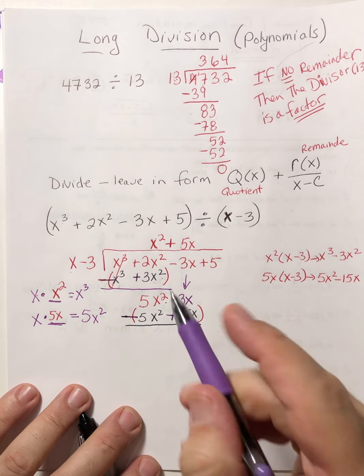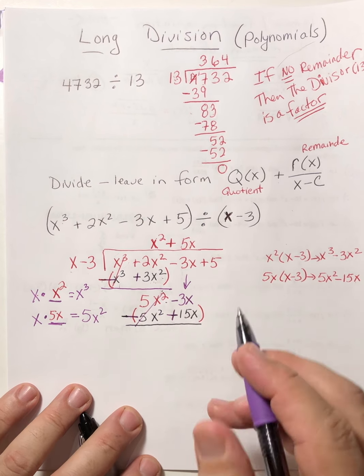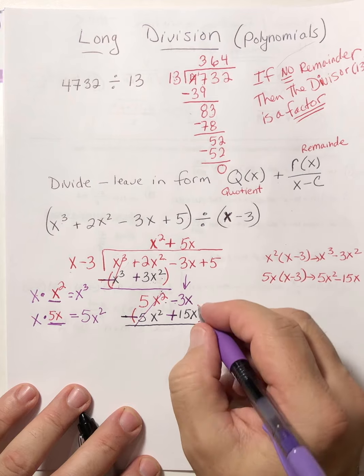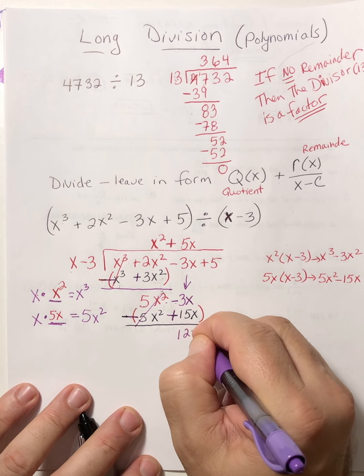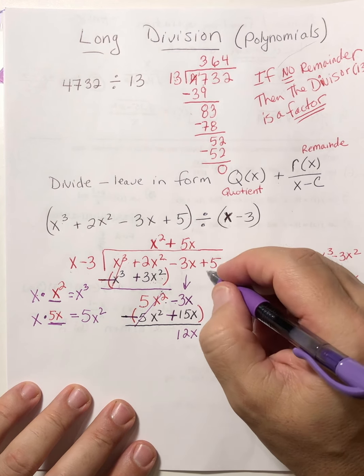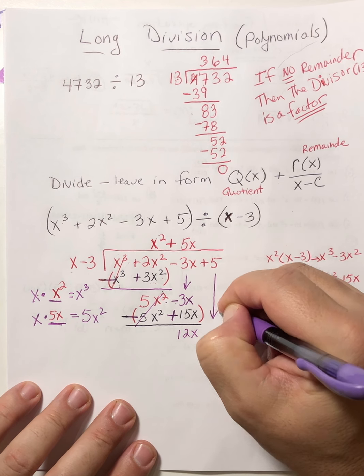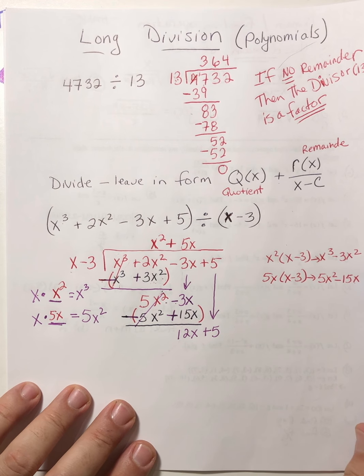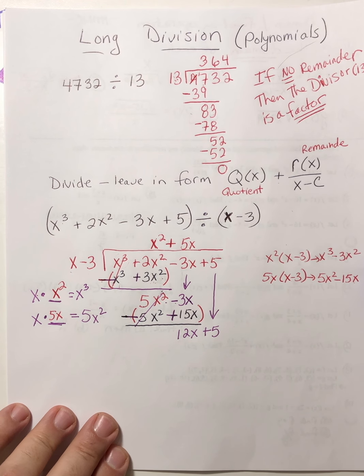All right, so this cancels. Now negative 3x plus 15x gives us 12x. And then I bring down the plus 5. Okay, and now the process starts all over again.